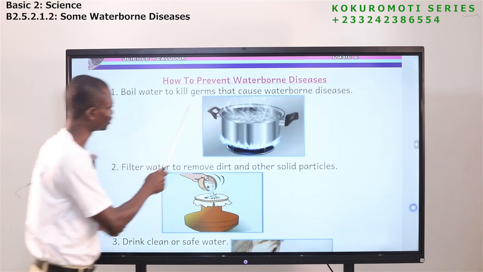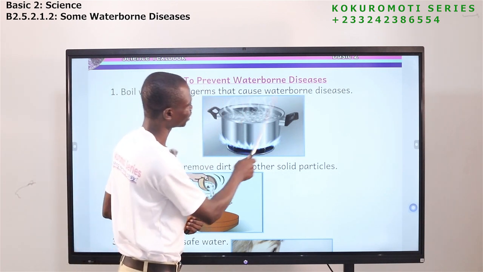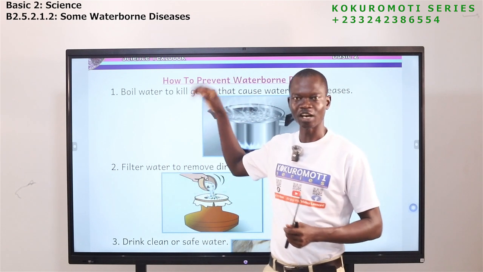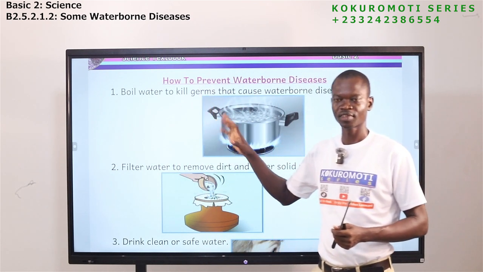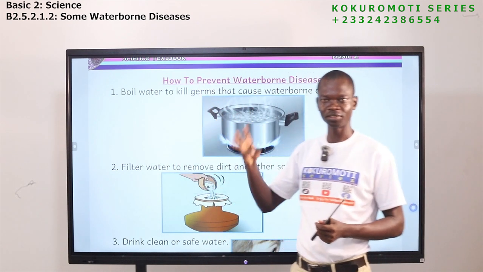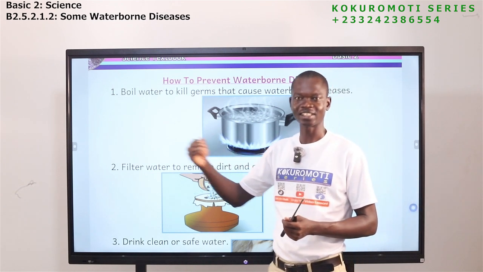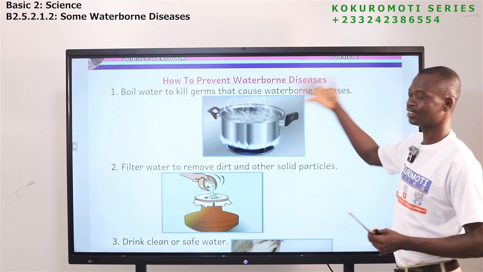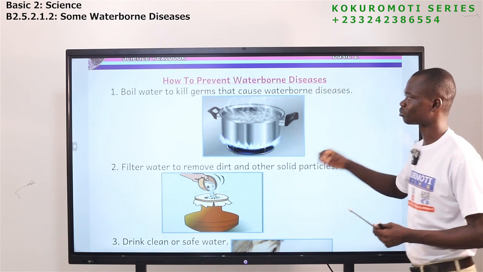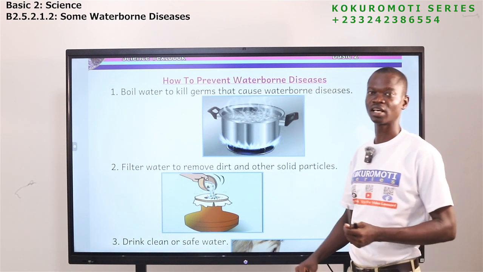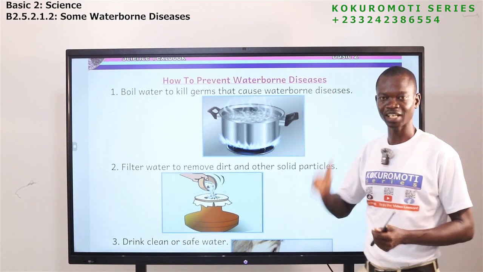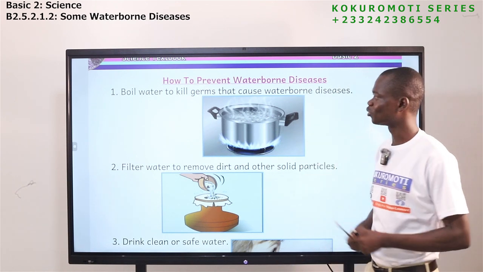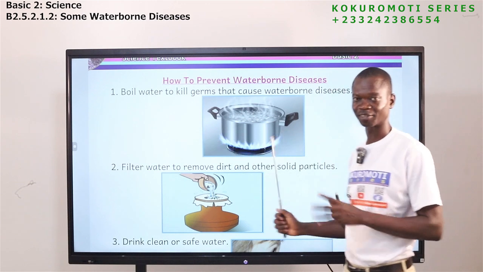Now, what are some of the things that you do? Boil water to kill germs that cause waterborne diseases. So, the diseases that we look at, we realize that bacteria and other germs cause the disease. So for us to prevent ourselves, we need to kill them. We don't use knife or cutlass to kill these germs. We use heat. So what you do is you have to boil the water.